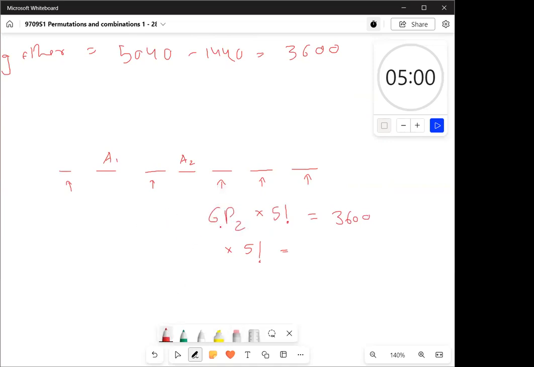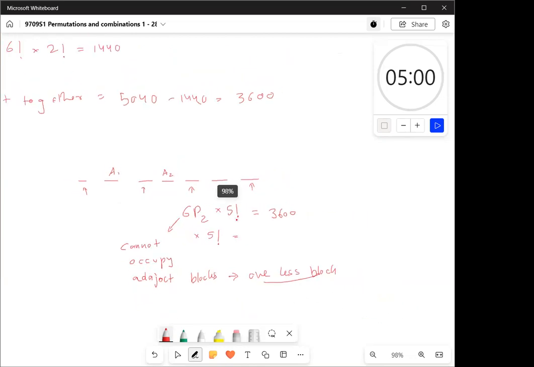You should be prepared. Okay, 6P2. Why are we doing 6P2 here? Because A1 and A2 cannot occupy adjacent blocks. So there's one block less.